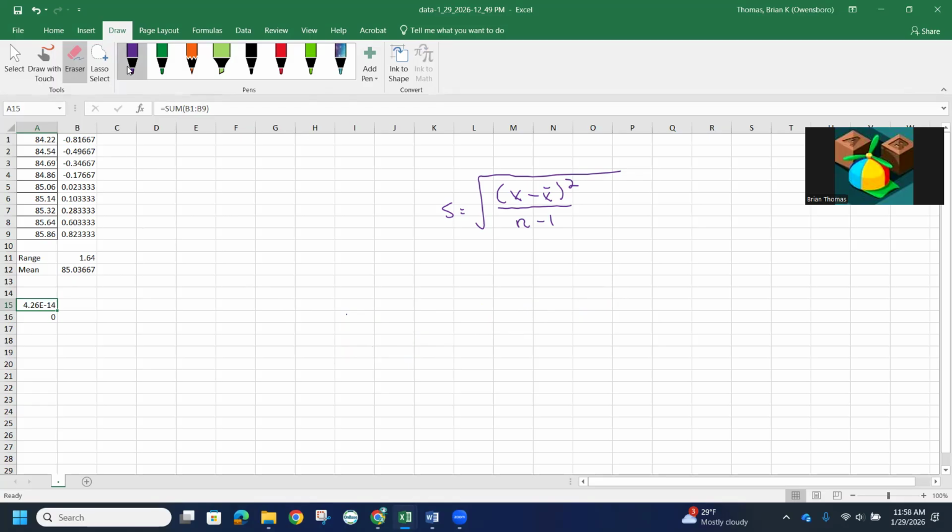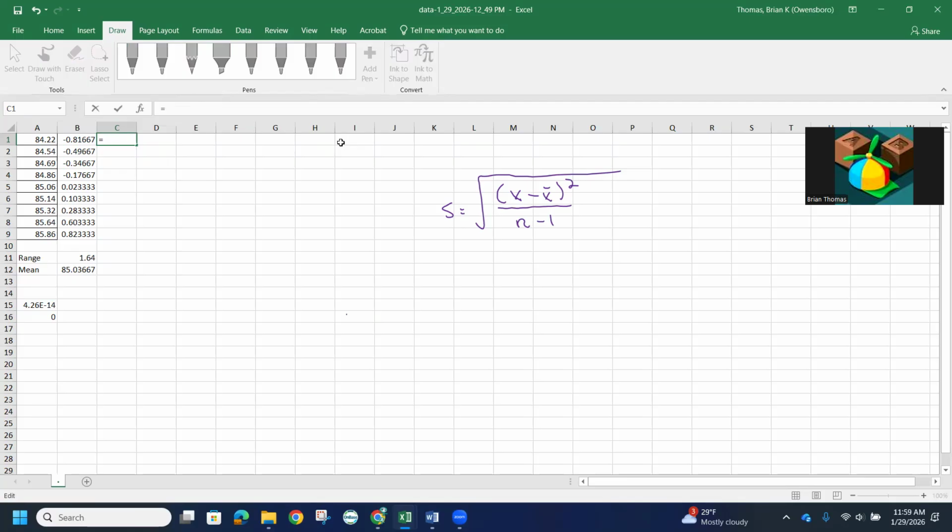So if I come over to C, and I just simply say equals, and I can choose cell B1, and then I can square it. Let's see if we can type square, SQUA. I don't think so.